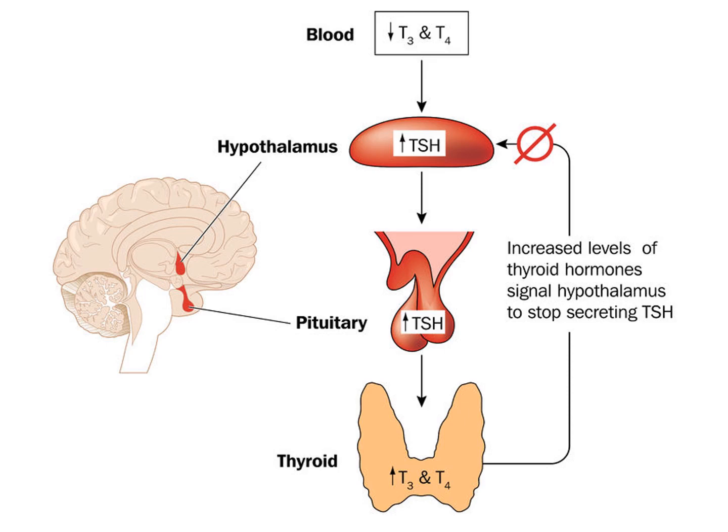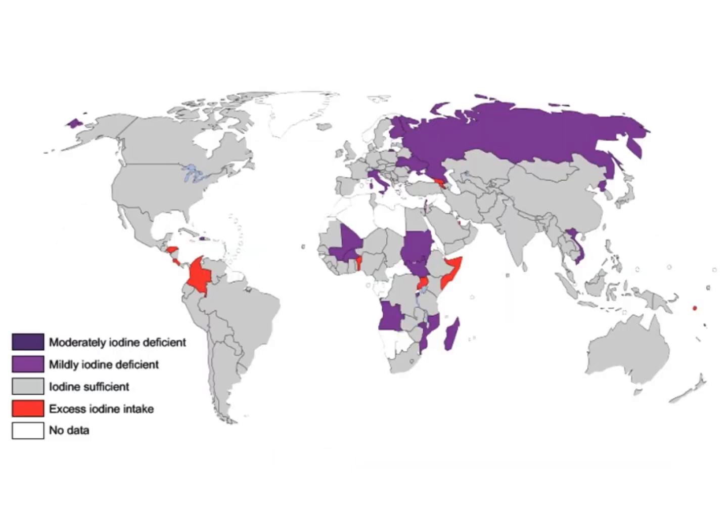Usually you get this normal feedback system where you have enough T3 and T4, and it'll shut down the production of thyroid stimulating hormone. But if you're just not producing it, then it's going to keep stimulating the gland and create these goiters.